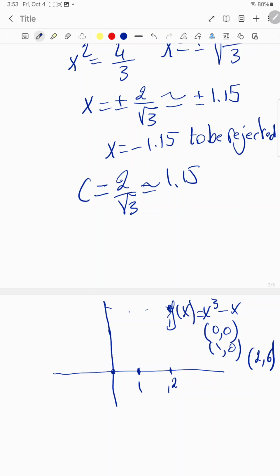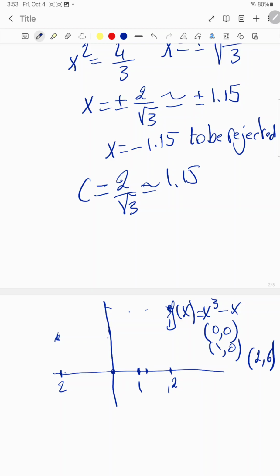And if x is equal to minus 2, minus 8 plus 2 is minus 6, so this is minus 6, it's somewhere here. And I know there is a point for x equal 1.15.